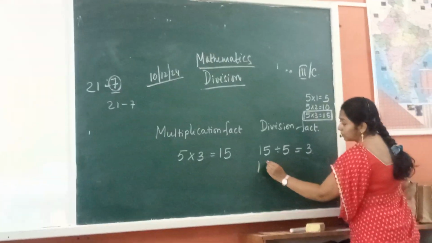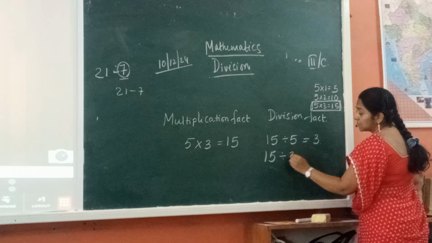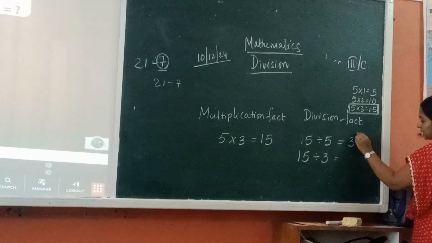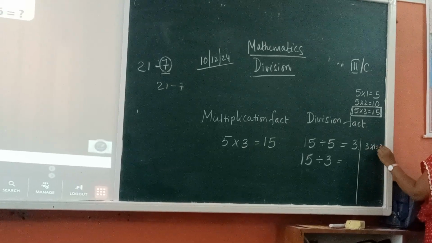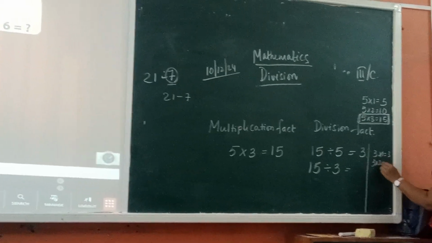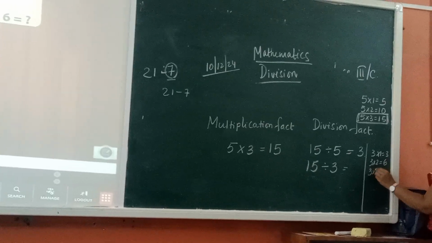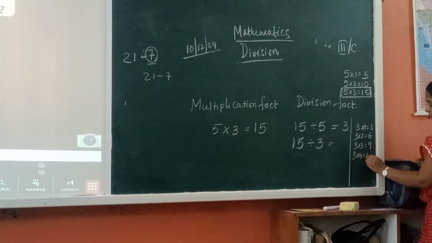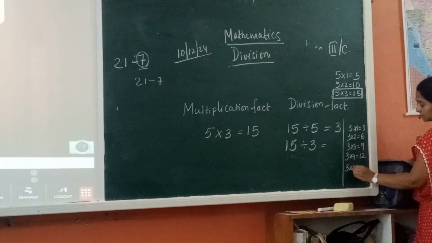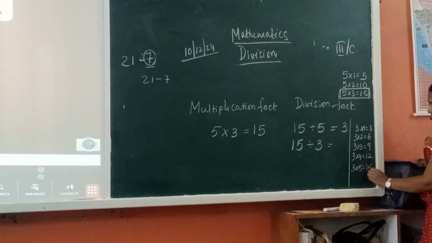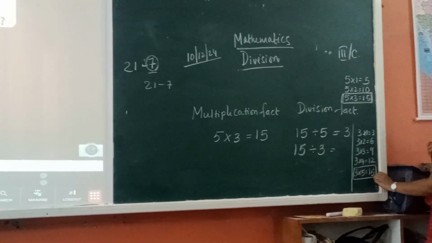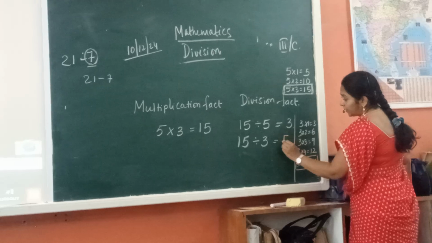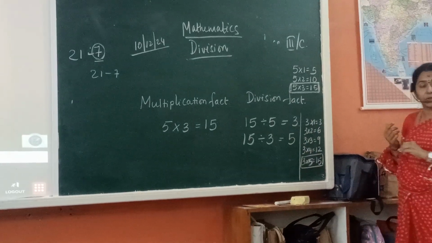Same way, if I want to distribute these 15 soldiers among 3 people, then again read the 3 table. What is the 3 table? 15 divided by 3 is equal to 5.